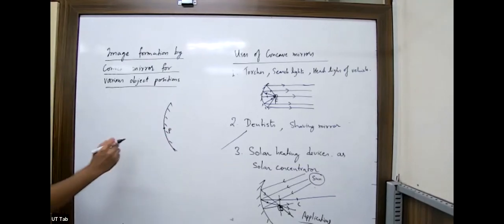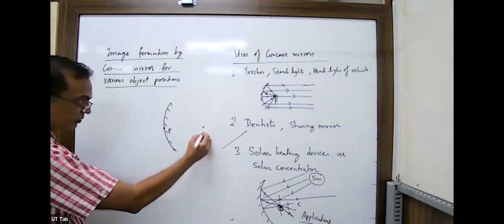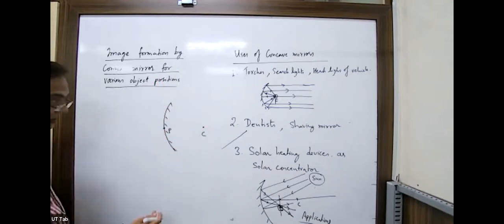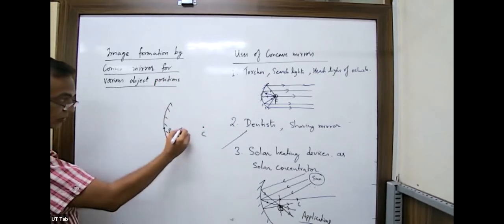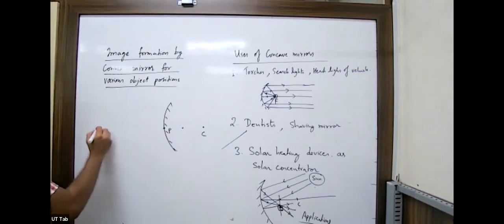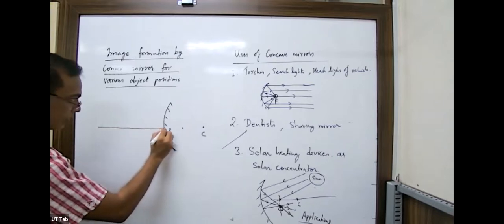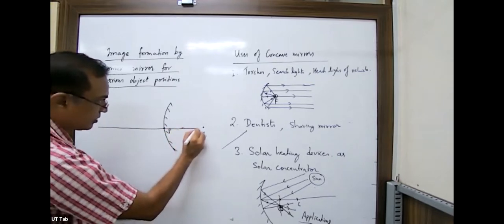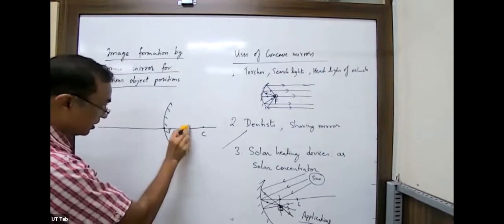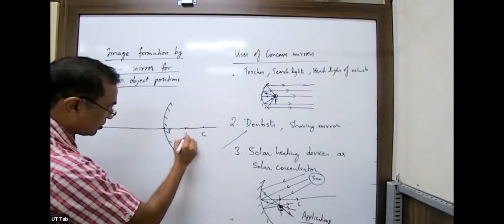Now where is the center of curvature for this? Right side. The center will be on the right side. So where is its focus? On the right side. Right. So we'll draw a straight line that will pass through the pole and center of curvature like that. It should be a straight line. That's it.